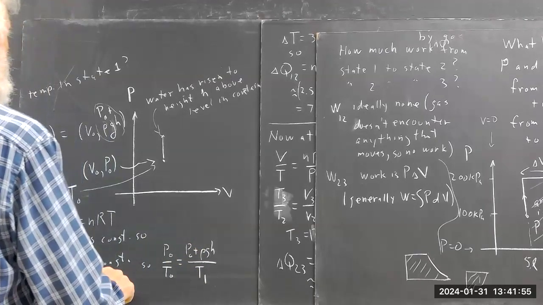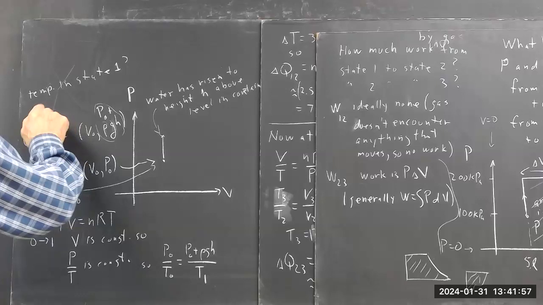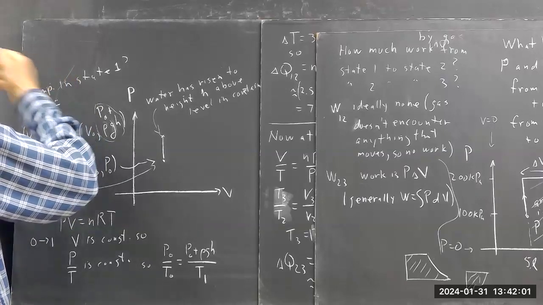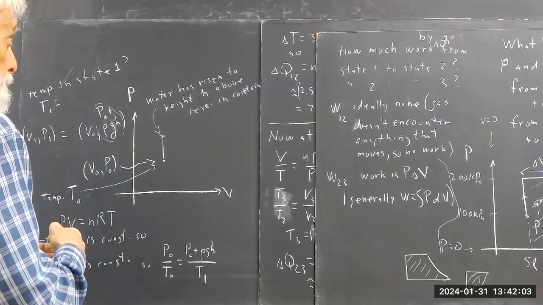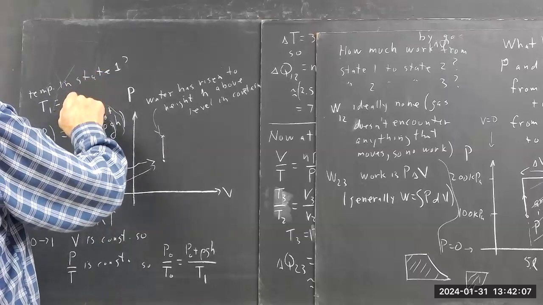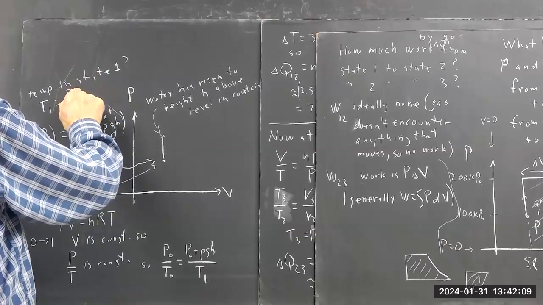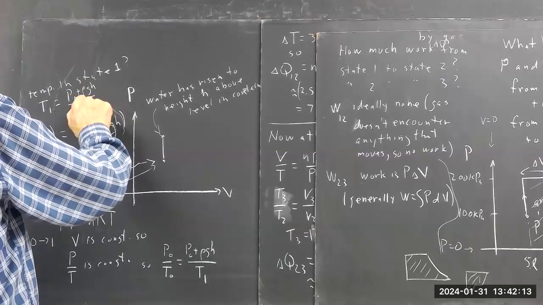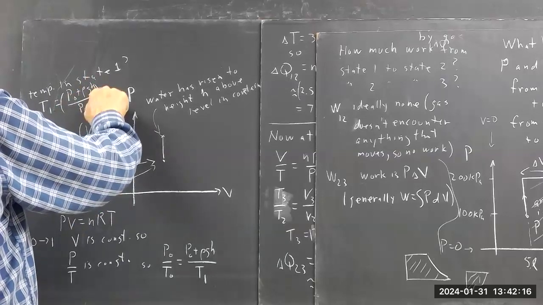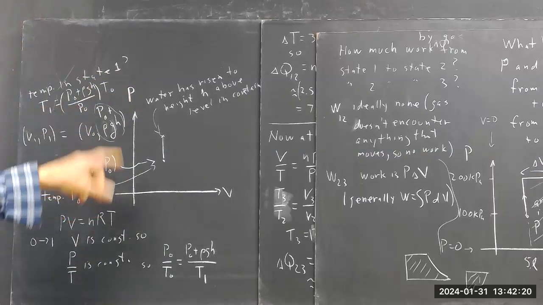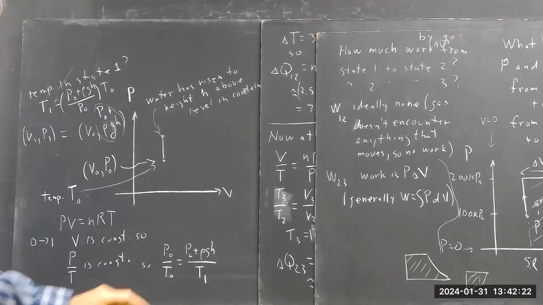So the T1 is P naught plus rho GH over P naught times T naught, which just comes right out of this.